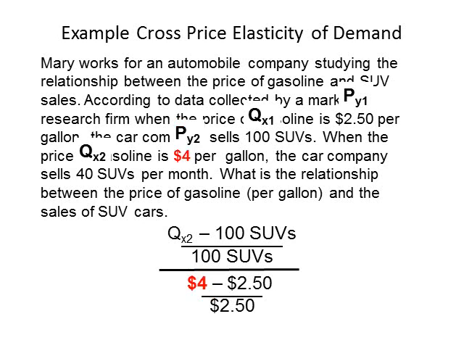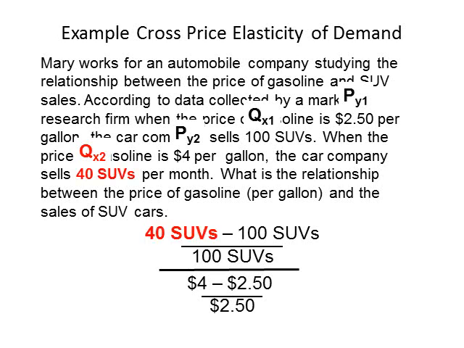Substitute $4 into the formula for PY2. Once PY2 has been substituted into the formula, find QX2 in the problem and in the formula. Substitute 40 SUVs into the formula for QX2.